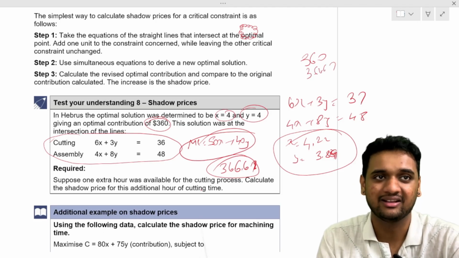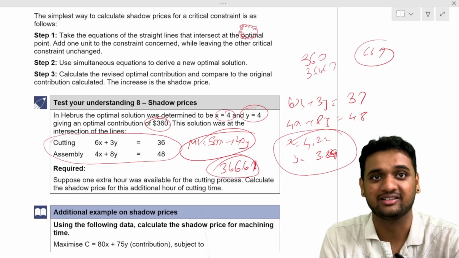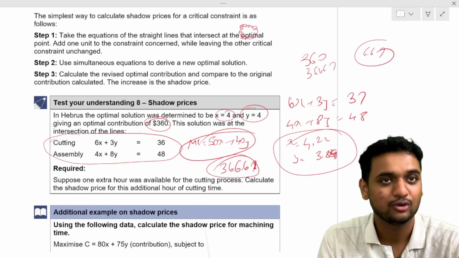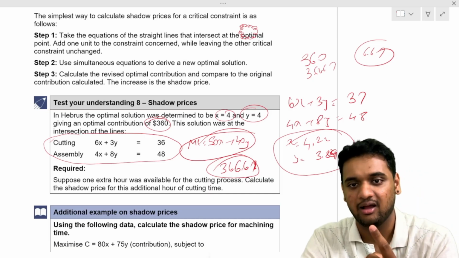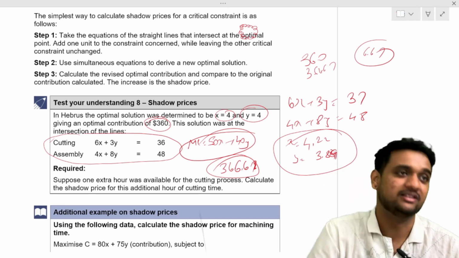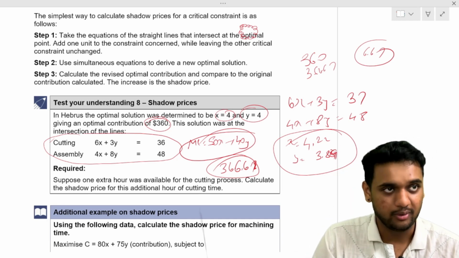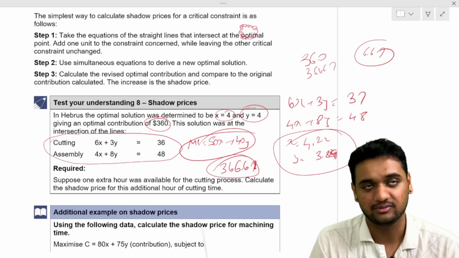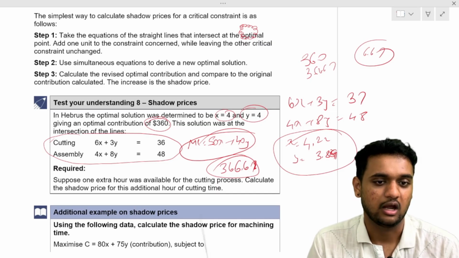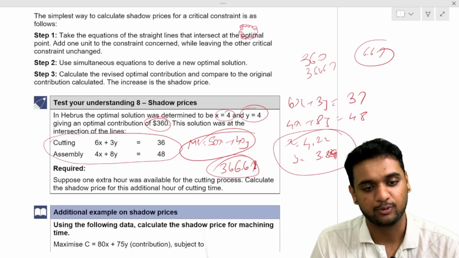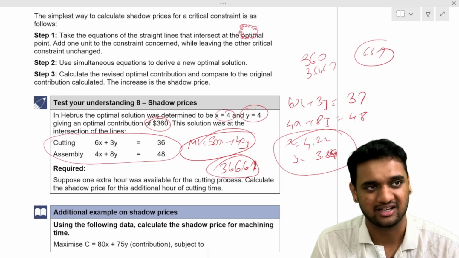How much extra are we getting? 6.67 extra. So to get one extra cutting time, we will be ready to pay an extra 6.67. The 6.67 is our shadow price. Understood, all of you? That is how much extra we will be ready to pay.